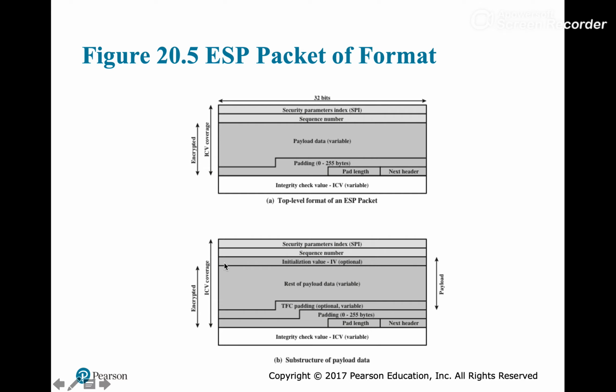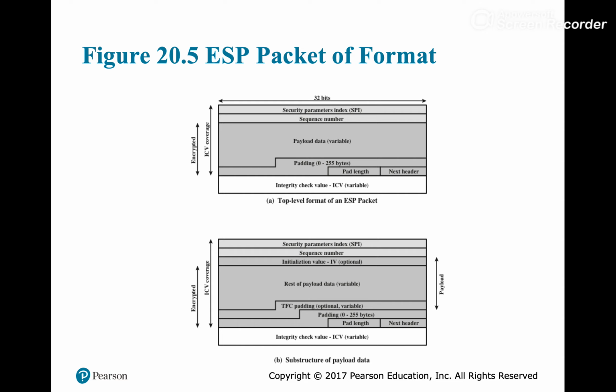As we know, one of the services provided by IPSec is limited traffic flow confidentiality. Traffic flow confidentiality means we don't want the attacker to know the length of the messages or more detail about the packet, like what kind of data is there.